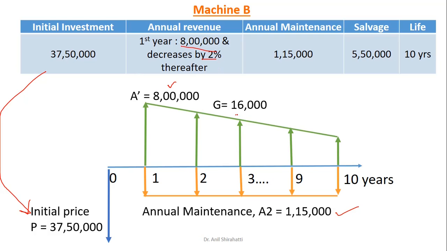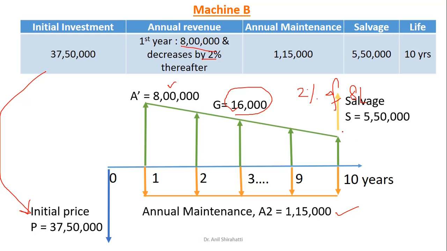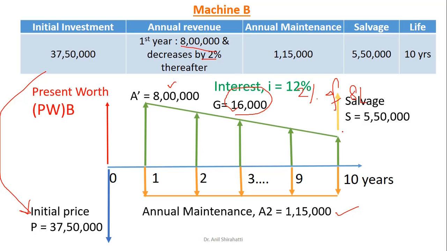So 16,000 is nothing but 2% of 8 lakhs. So every year it is decreasing, and then at the end of this period I am getting a scrap value or salvage value of 5.5 lakhs, and I have a rate of interest of 12%, and I need to find the present worth of this series.